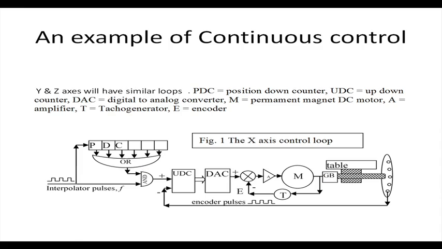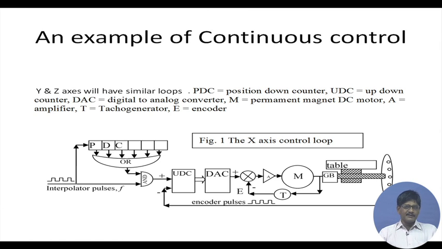So, the up down counter is ultimately having a balance of pulses: from the interpolator they are up counted, and from the encoder they are down counted. It is having a balance of pulses. So, this content is then converted to an analog voltage, which is ultimately given to the motor through some circuit.